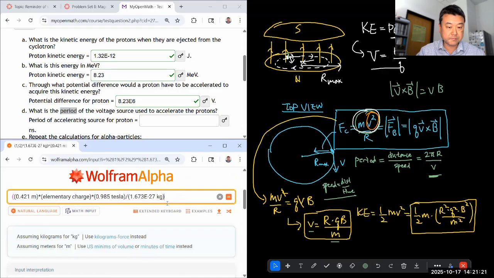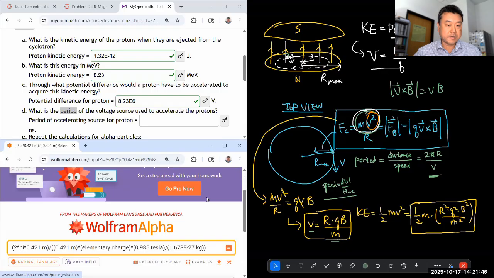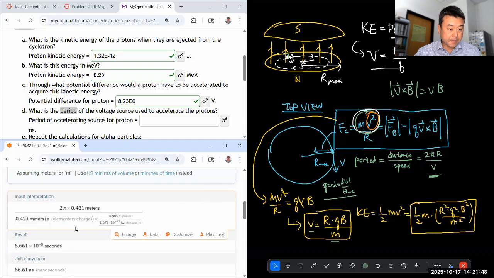I'm going to put that in the denominator, and I need to multiply by 2 times pi times r, 0.421 meter. Now there are simplifications I could have done. I think your textbook actually has a cyclotron frequency. I could have looked that up and taken the reciprocal. Here I'm just doing things from scratch. So this should give me some time.